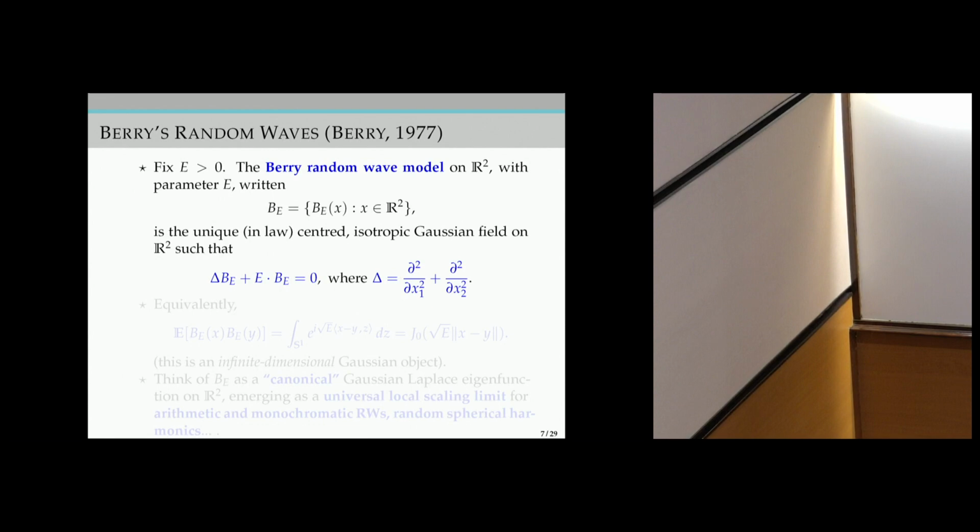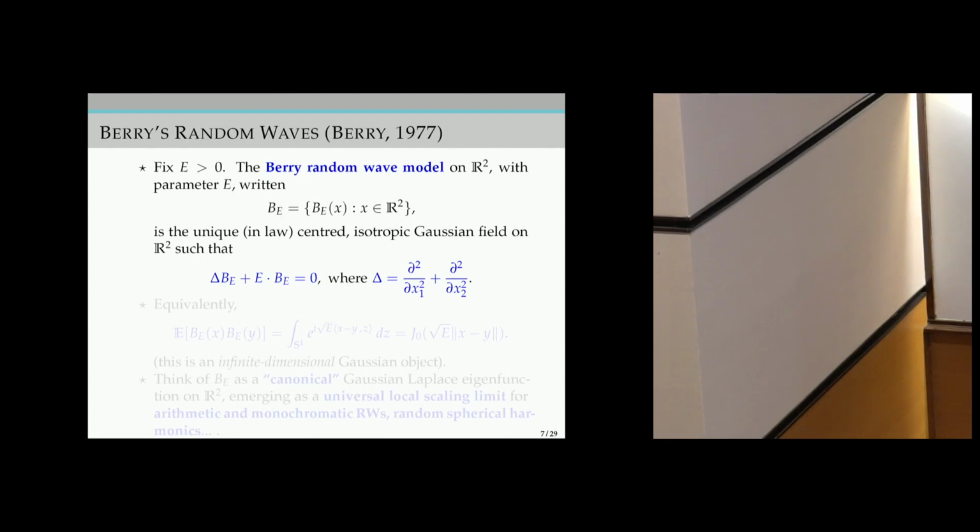You can rotate, you can translate, and you always obtain something like this. Then you require that, with probability 1, this field is a solution of the Helmholtz equation: the Laplacian of B_E plus E times B_E, where this dot is just usual scalar multiplication, is equal to 0. So it's an eigenfunction with eigenvalue minus E of the Laplace operator.